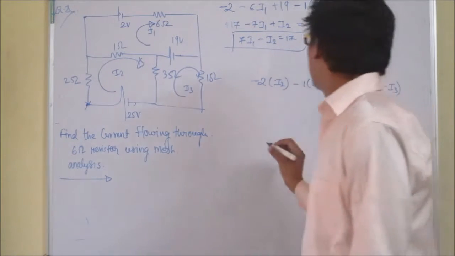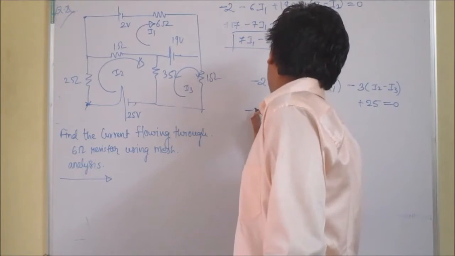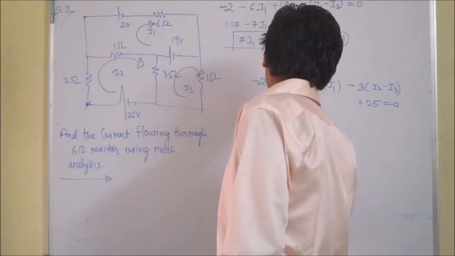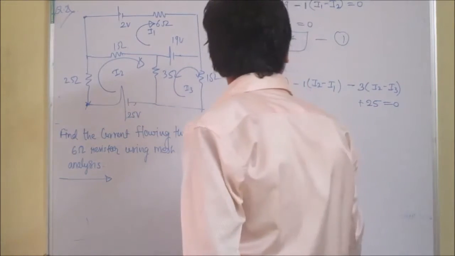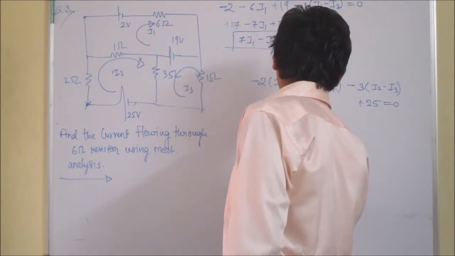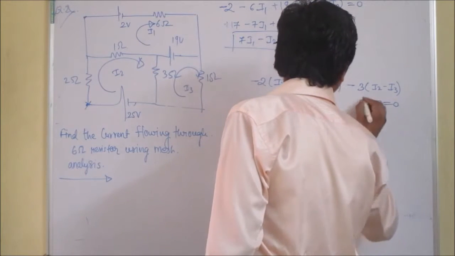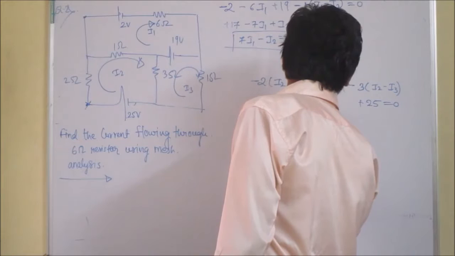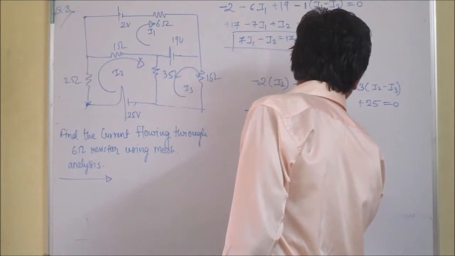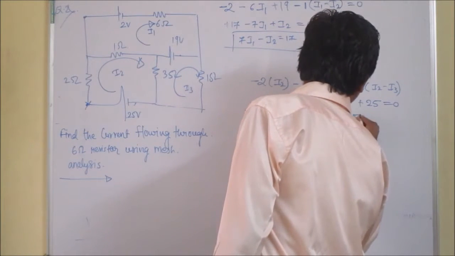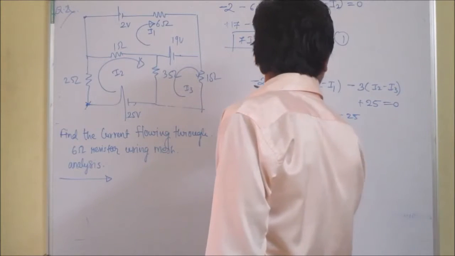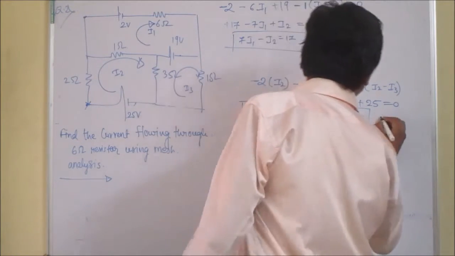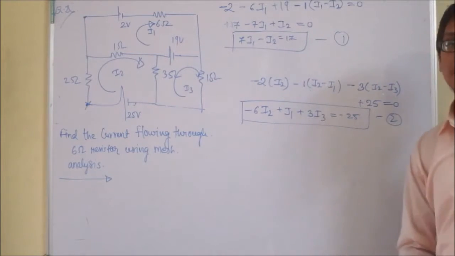Now just rearranging, minus 2, minus 1, minus 3, minus 6 I2 plus I1 plus 3 I3 is equal to minus 25. This is my second equation.